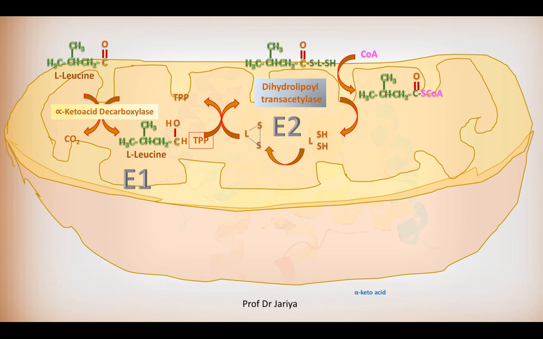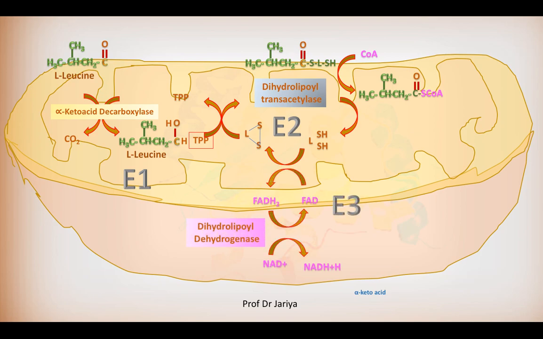Lipoic acid contains the SCoA in its structure, and it transfers the SCoA to the keto acid formed through decarboxylation, and so the CoA derivative is generated. In this process the lipoic acid becomes reduced, so its oxidized form is regenerated through the E3 complex, which contains FAD and NAD, and the enzyme is dihydrolipoyl dehydrogenase.